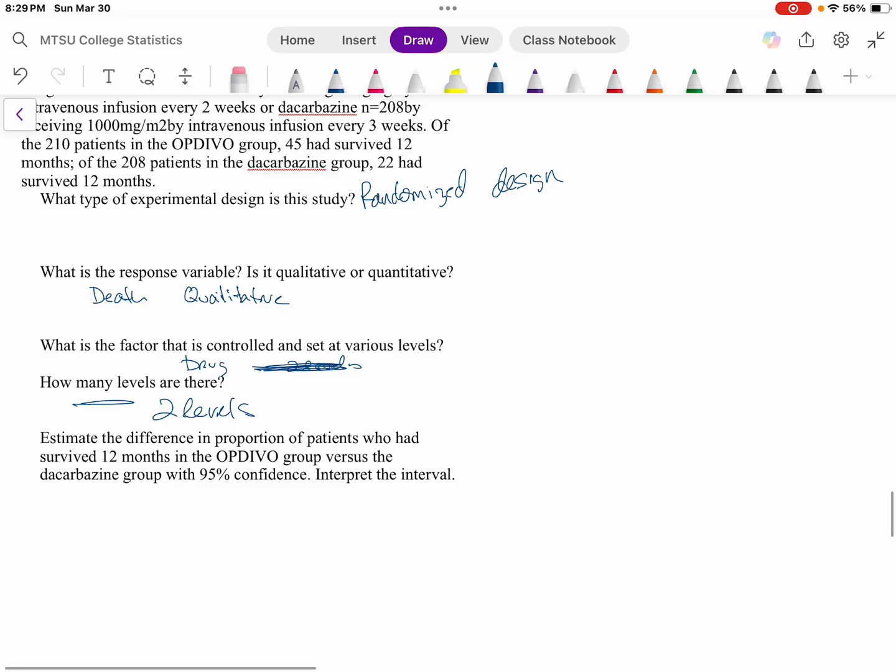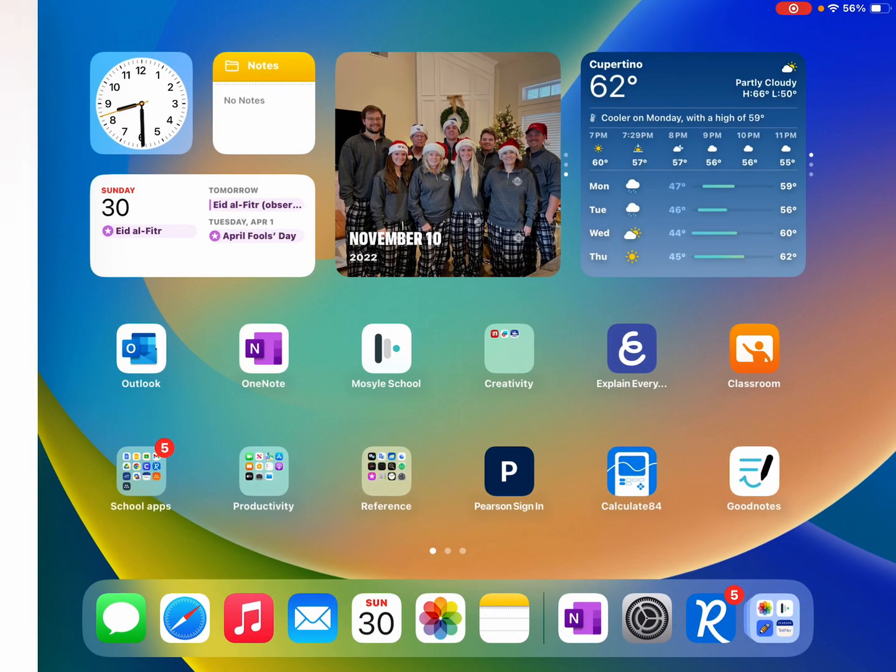Now they asked us to estimate the difference in the proportions. So that's where I'm going to do my 2 prop Z interval, because again, we're doing a confidence interval for the difference in proportions. So let's split my screen here.